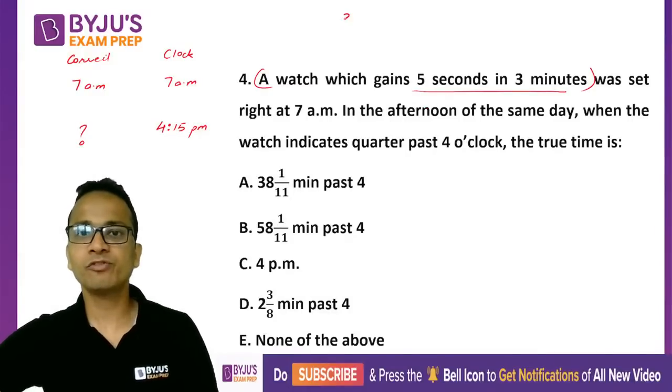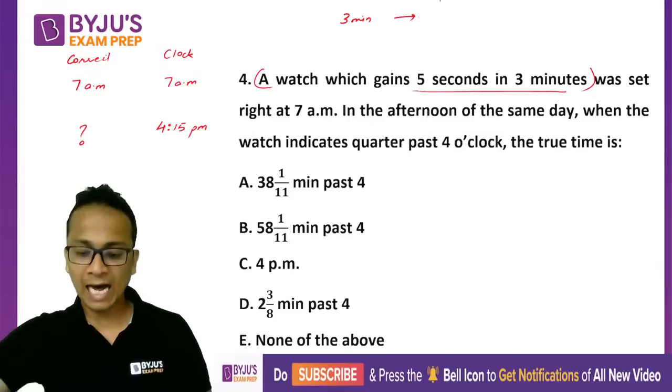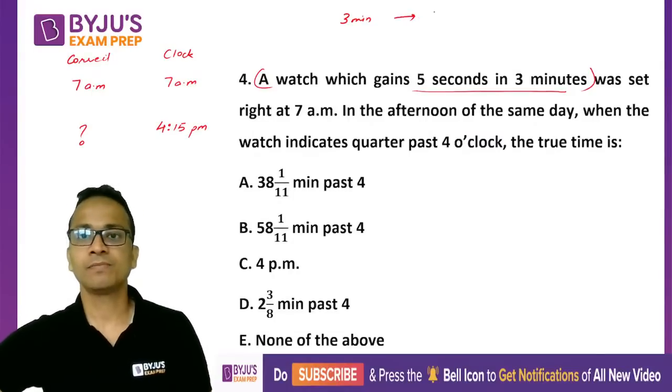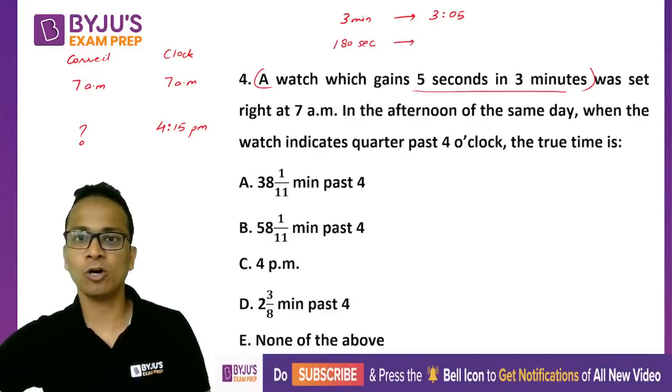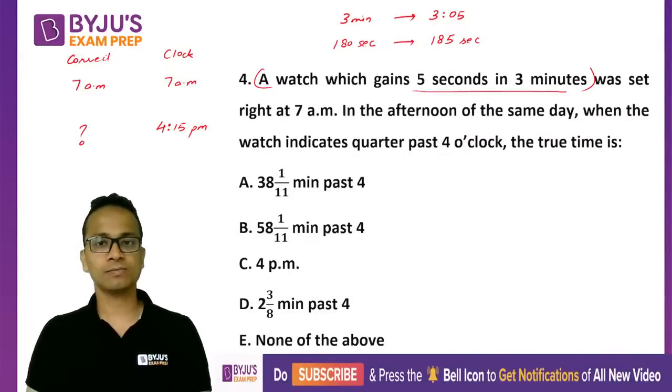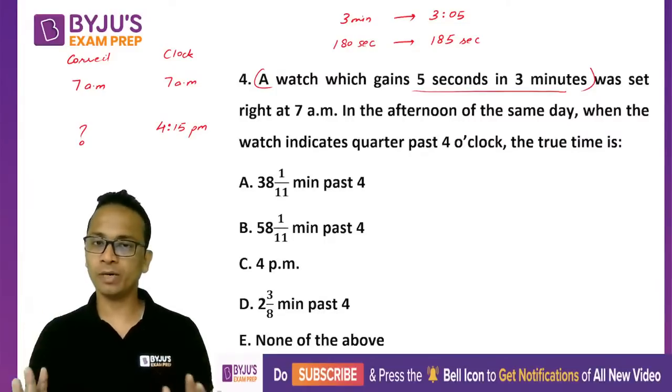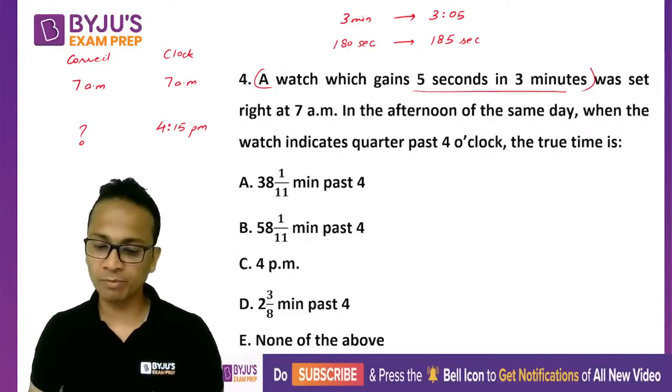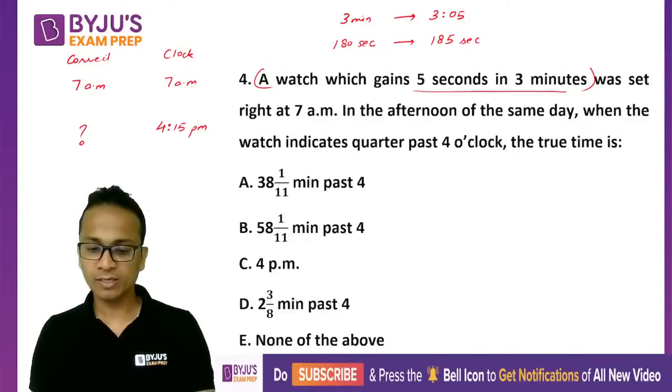So if 3 minutes elapse in the correct clock, in our faulty clock it will be 3 minutes and 5 seconds. Or I can say that when 180 seconds elapse in the correct clock, 185 seconds will elapse in the wrong clock. I hope you have all understood up to this point.